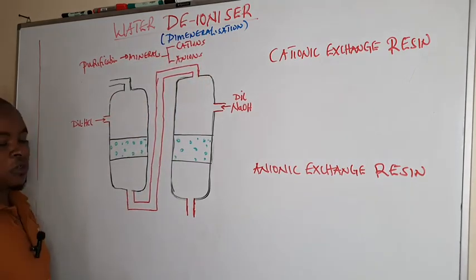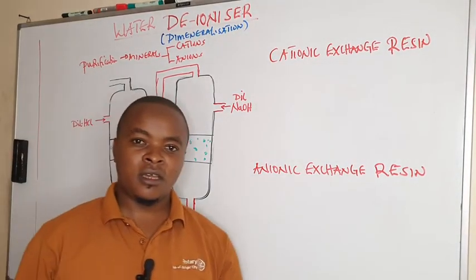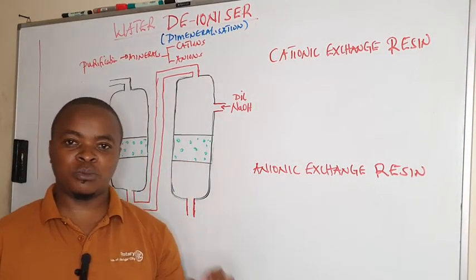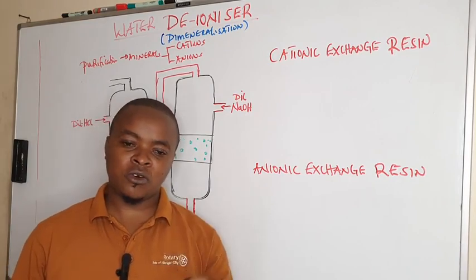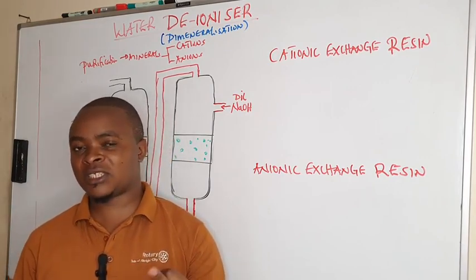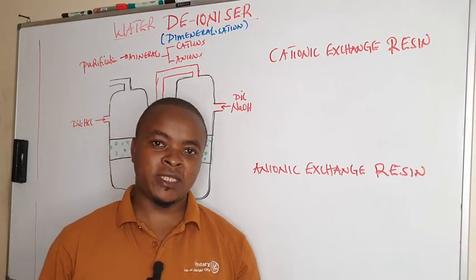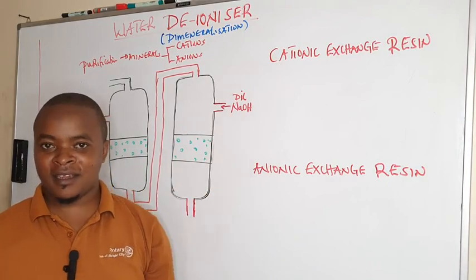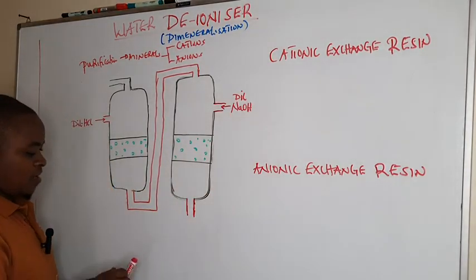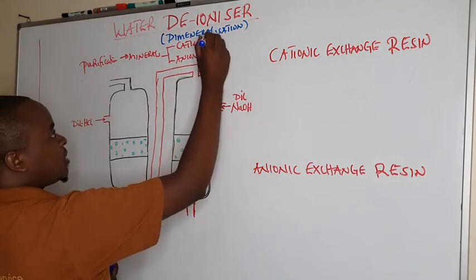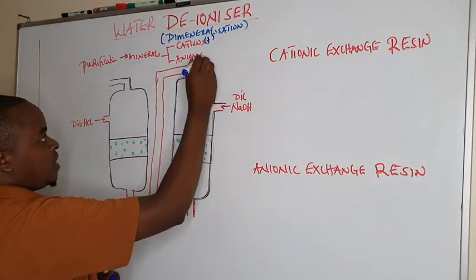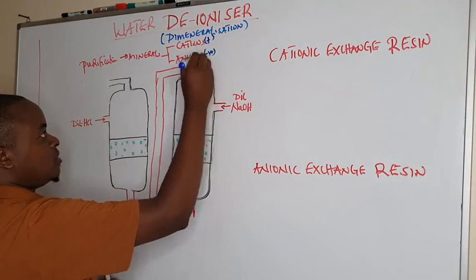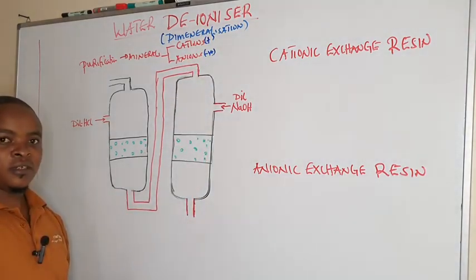So this is what we call a water deionizer, a method used to purify water, because water comes with impurities. For example, hard water containing minerals such as cations and anions. Cations are positively charged ions, whereas anions are negatively charged ions.